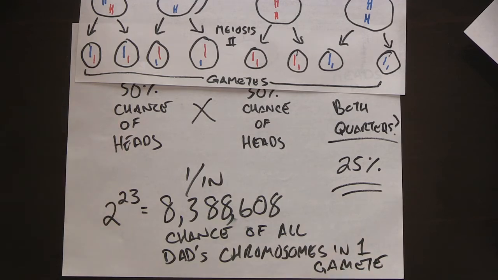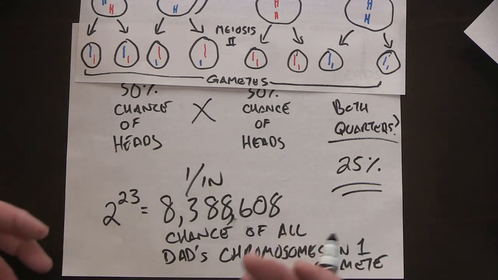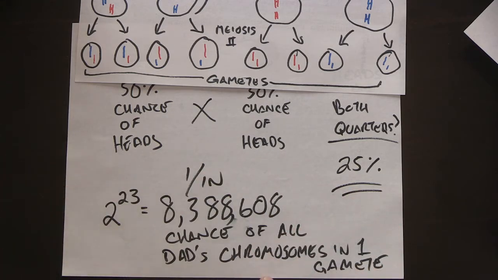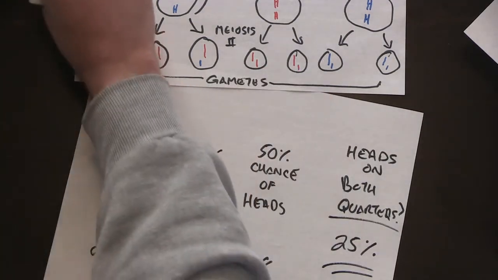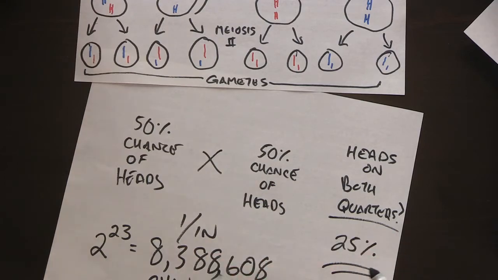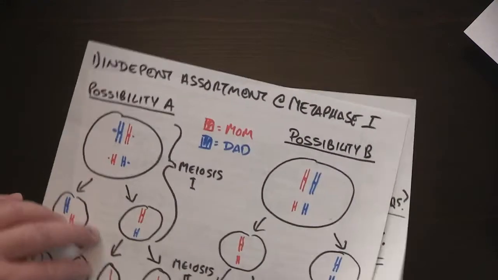So there are 8 million and change different variations of sperm, and 8,388,000 different variations of eggs. The odds of that happening are really, really rare. Of you looking identical to your dad is like a 1 in 8.5 million chance.